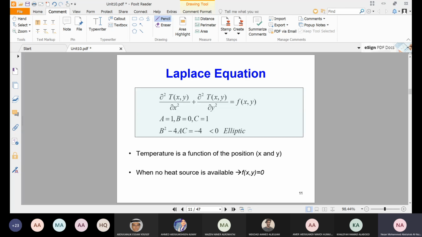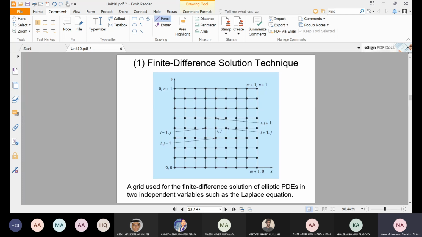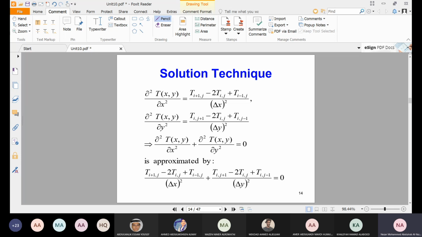After that, we take the Laplace as an example, and we use the finite difference technique to represent the second order derivative, the PDE, by using central divided difference. And here we have delta x representing the step size in the rows. We have delta y representing the step size in the columns. So after that, we finalize with two equations, one horizontal and the other vertical.